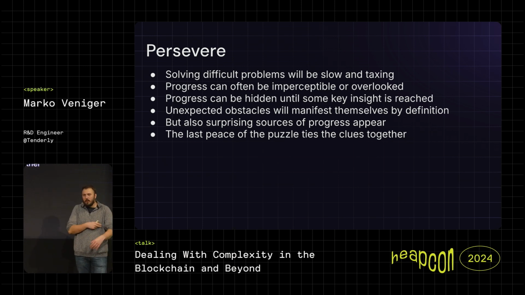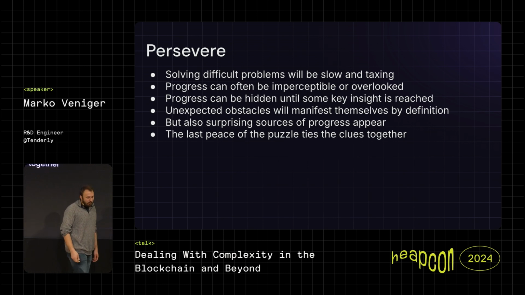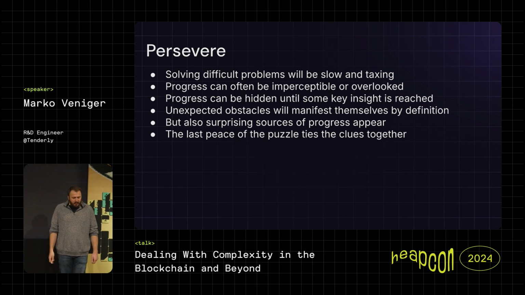You maybe overlook something that's not important at the moment, put it at the back of your head, and you're like, okay, I'm not making progress for 2 weeks, and then bam, 2 days after that, you realize that's the key to the solution. The last piece of the puzzle ties everything together, and you understand that you did make progress all the time.